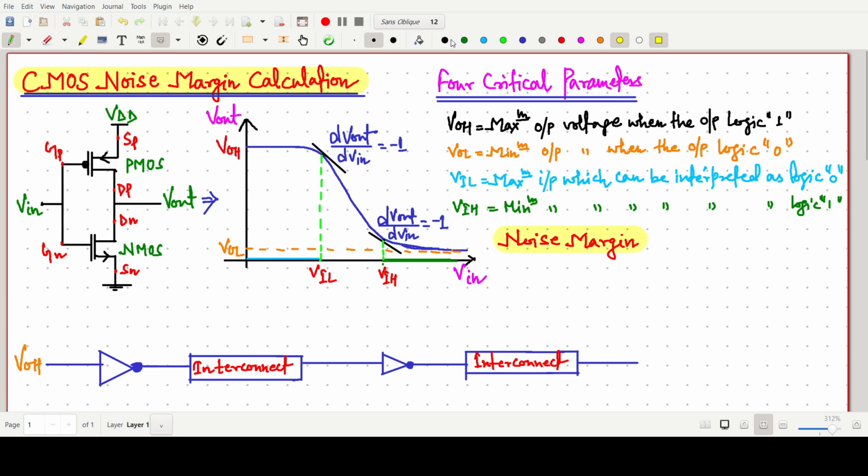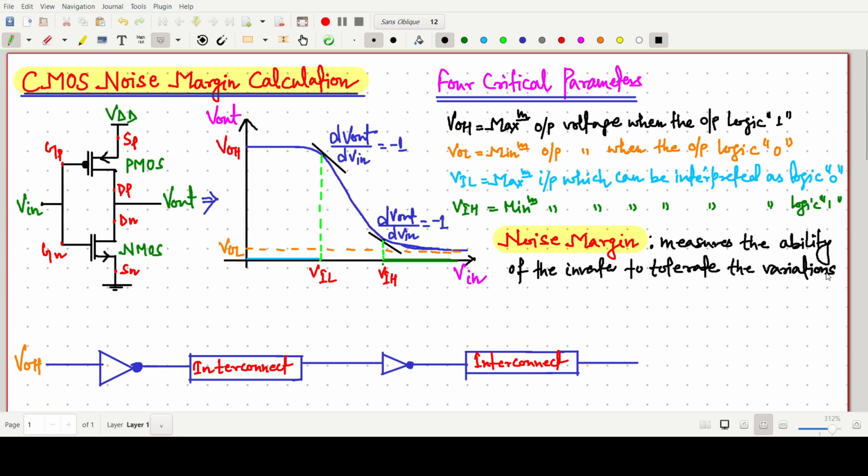Noise margin measures the ability of an inverter to tolerate the variations in the input signal levels.